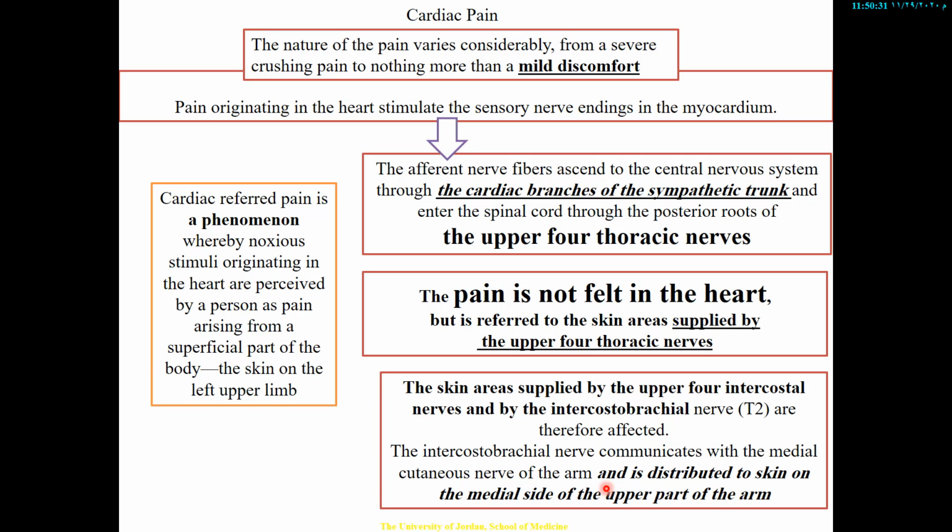This is something we already discussed, referred pain. The problem is in one area, and the patient comes to you complaining about pain in a different place. The problem is in the heart, and the patient is complaining about pain in his left arm.